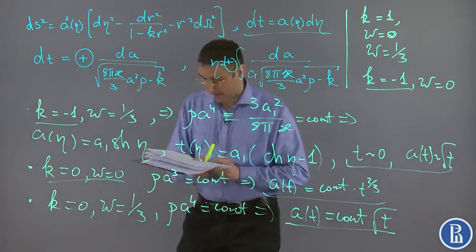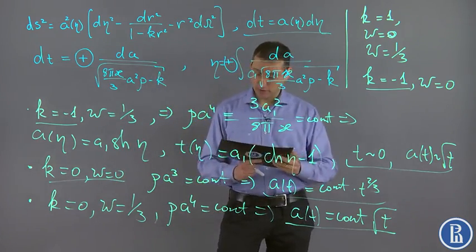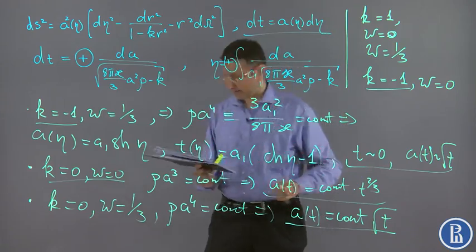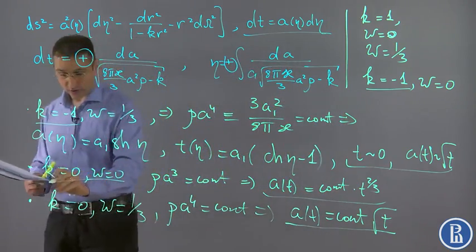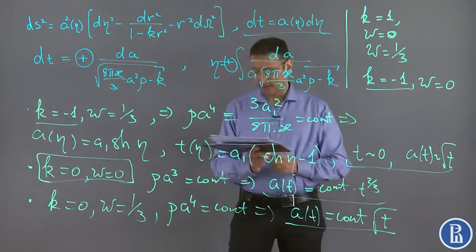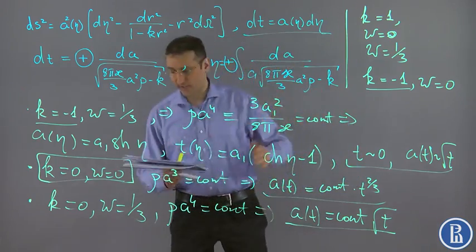Now let me say a few words: at present our universe, with good precision, corresponds to the case k equal to 0 and omega equal to 0, up to one important issue that recently, well, several comments are in order.